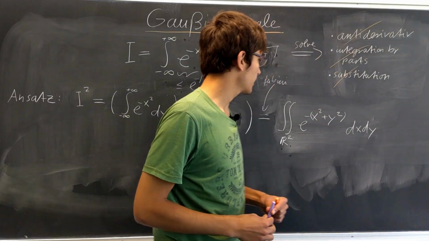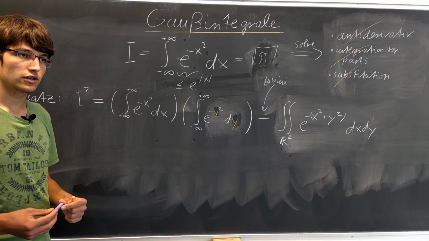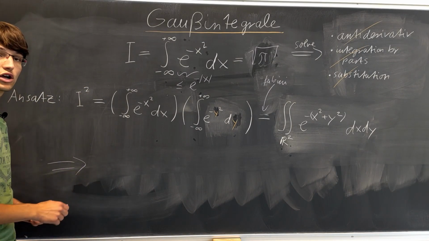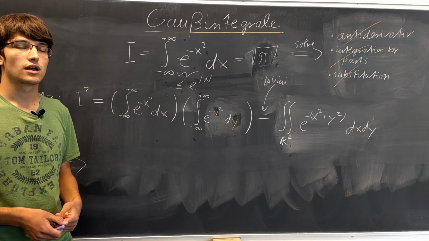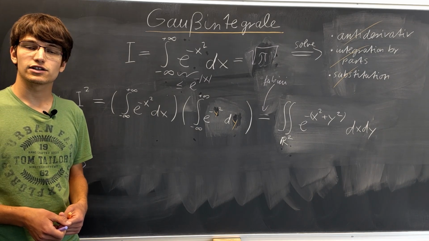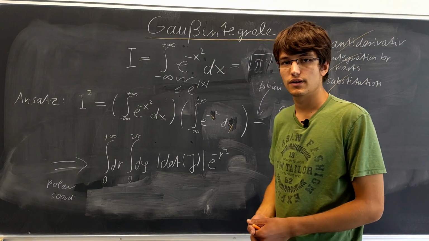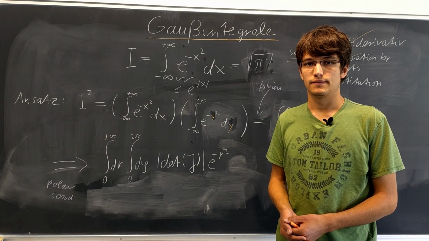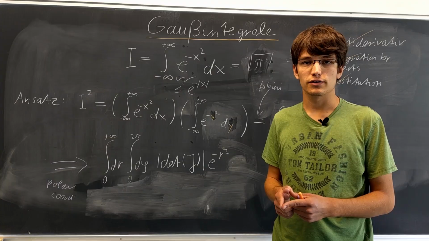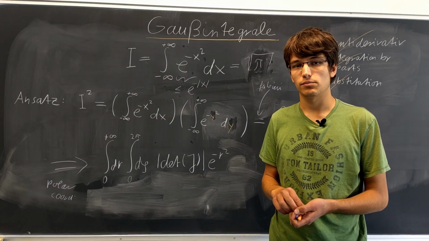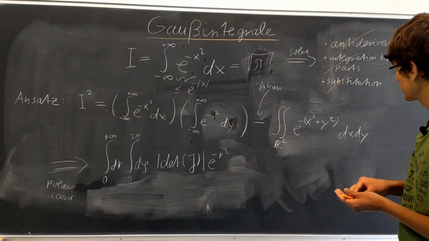From here on, we can do a change of coordinates, and we're going to switch from Cartesian coordinates to polar coordinates. A change to polar coordinates allows us to write our exponent x squared plus y squared as r squared.